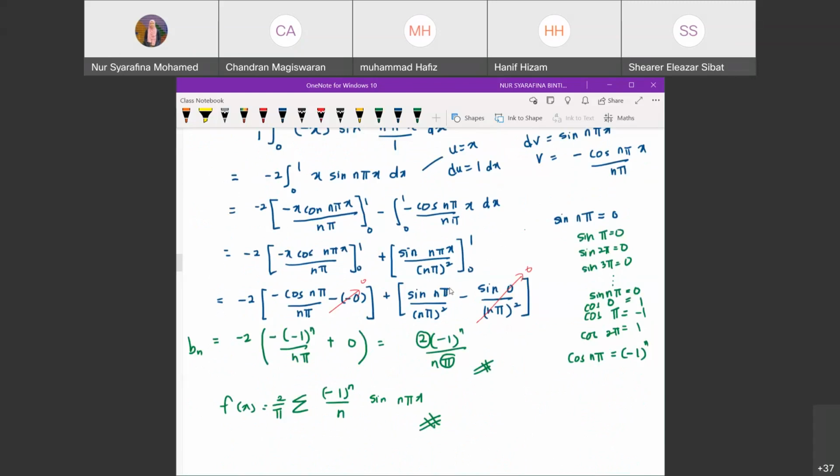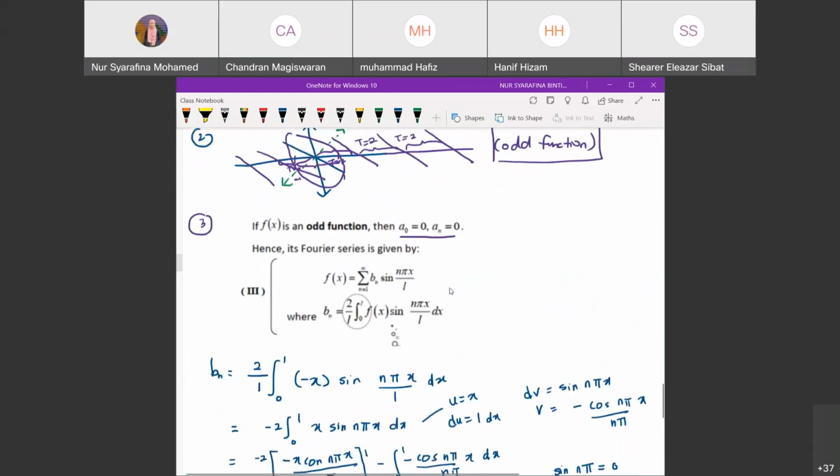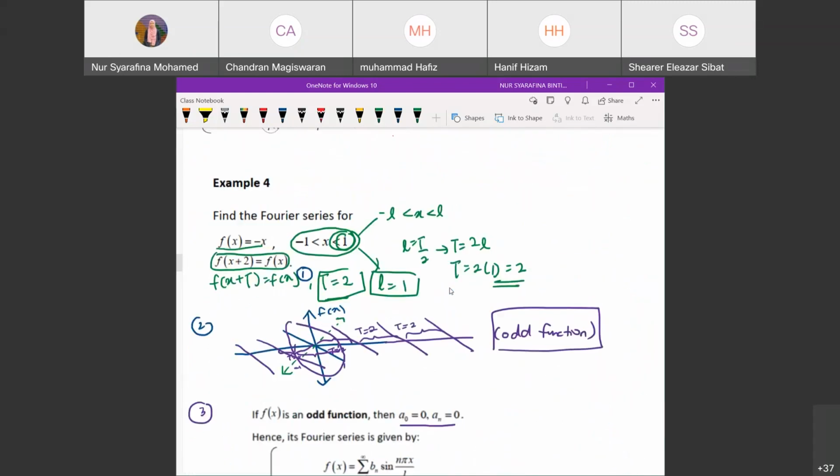So actually what we have been doing just now, we expand the original function f(x) equals negative x to the Fourier series in terms of sine and cosine by identifying the value of L and the type of the function. Why is it important to understand the type of the function?